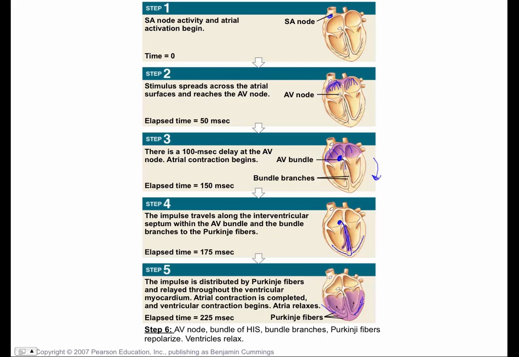And if you remember, our cardiac muscle cells have this nice branching structure. And also we have those intercalated discs, being those gap junctions. This is how you have this nice coordination of your contractions.